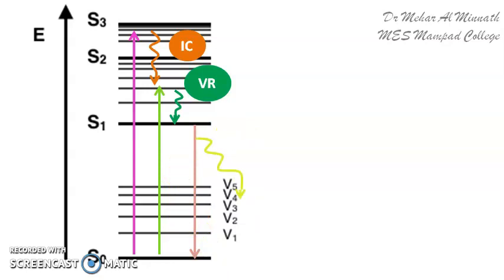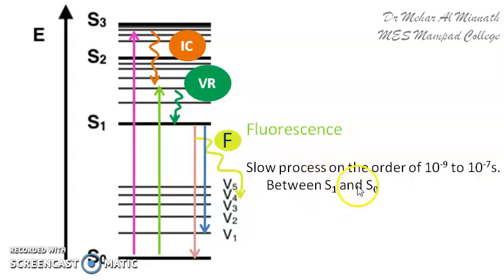So, fluorescence is the energy transition between the lowest vibrational level of the first excited state to the lowest vibrational level of the ground state, or to any of the vibrational levels of the ground state. So here you can see that it is going to the first vibrational level of the ground state. These two depict the fluorescence. So it is between S1 and S0.